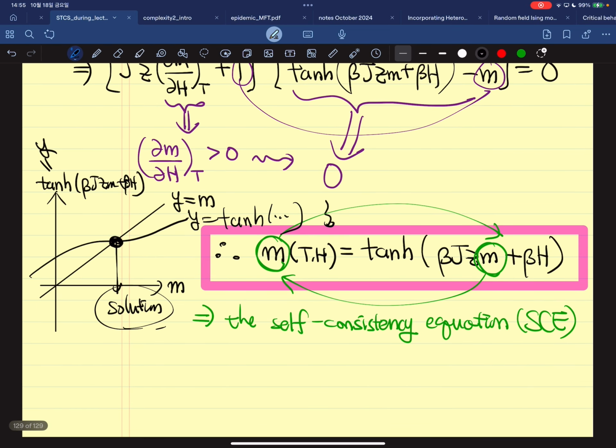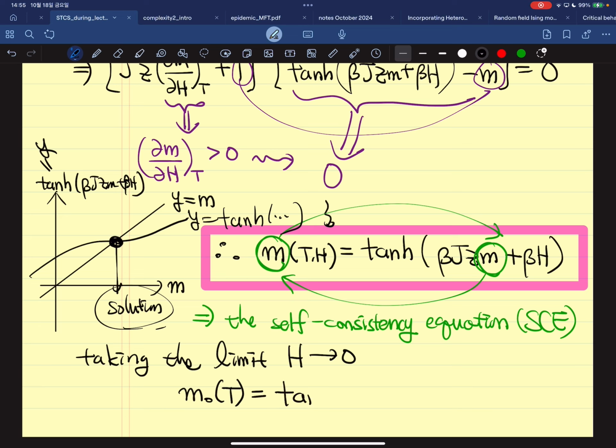And the most important thing here is that we kind of solved this mean field approximation, or mean field theory. And let's see, if we take the limit of the external field going to 0, then we have a very simple self-consistency equation, beta J times C times M(t).